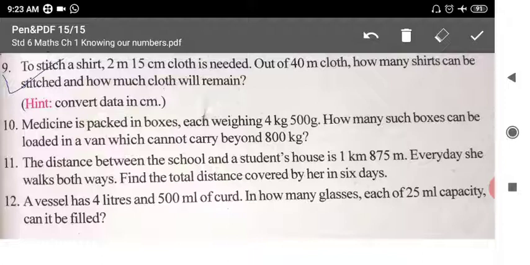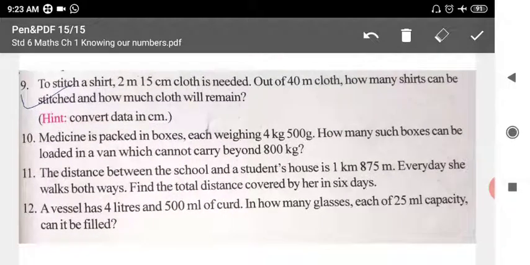Here the hint is given, convert data in centimeter. So let us see once again what is the question here. To stitch a shirt, 2 meter and 15 centimeter cloth is needed.